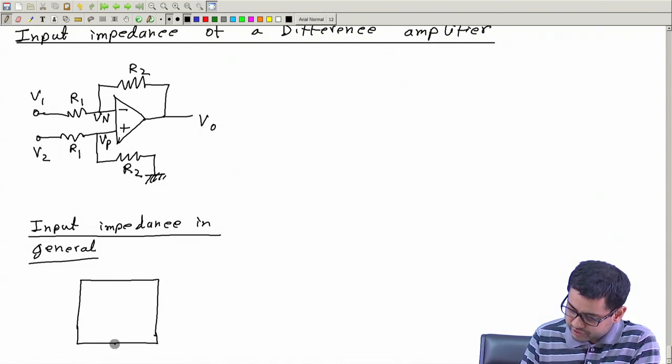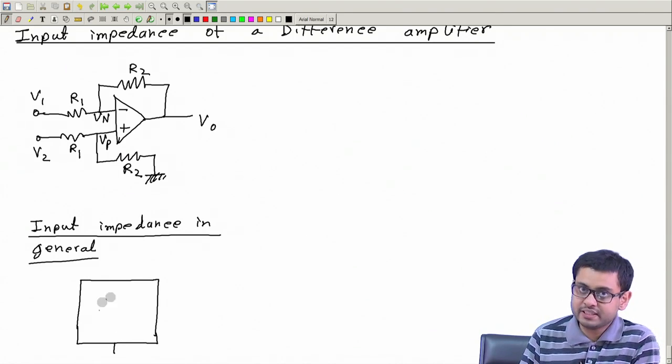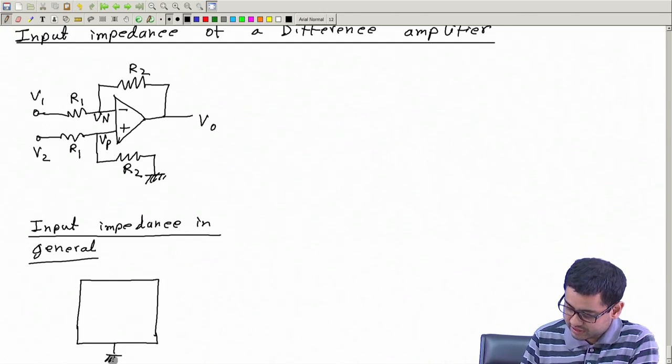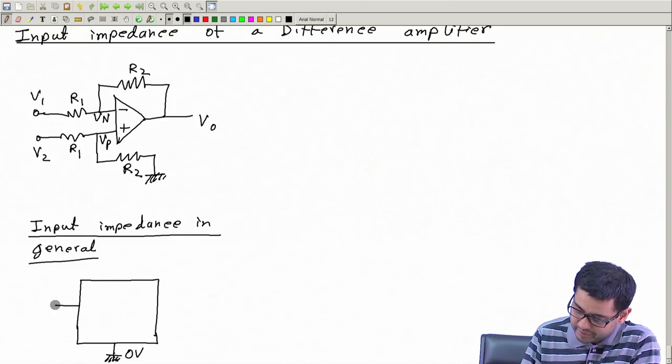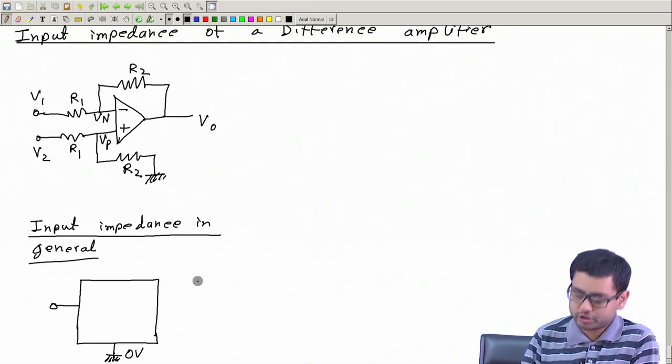Say one of the nodes in this circuit is taken as the reference or grounded, 0 volt. It has an input terminal, and it may have some outputs.